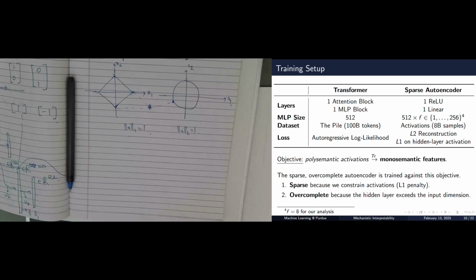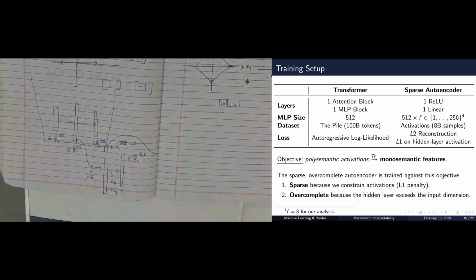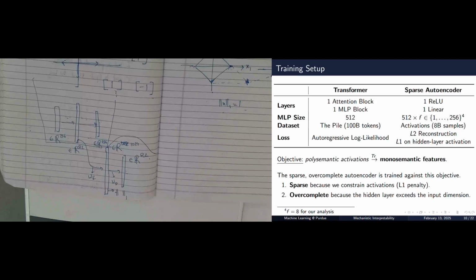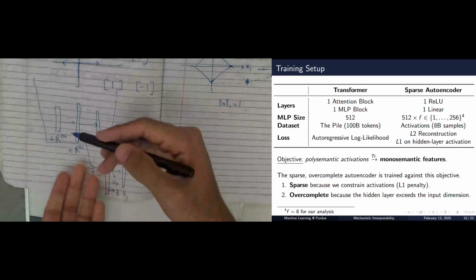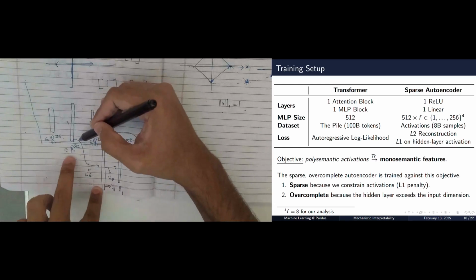Cool. We go from polysemantic activations to these monosemantic features, and the sparse overcomplete autoencoder is trained against the objective. That is this architecture over here. It is sparse because we are constraining the activations via an L1 penalty, and it's overcomplete because the size of the activation space is greater than that of the input space.